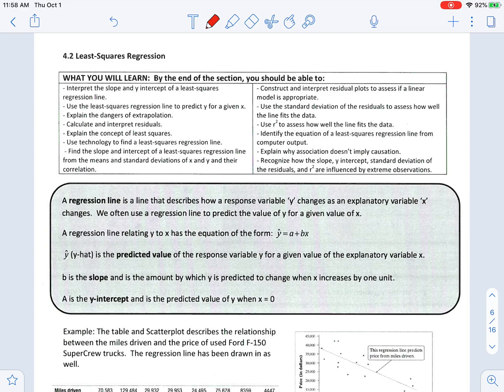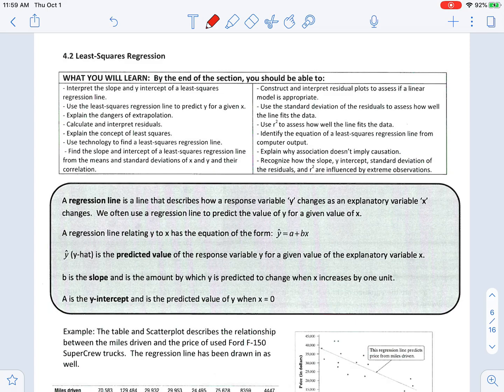You take a set of data, and you try to make an overall prediction of where you expect data to fall if it were to continue on that pattern or be contained within that pattern. We again often use it to predict the y value given a specific x value.